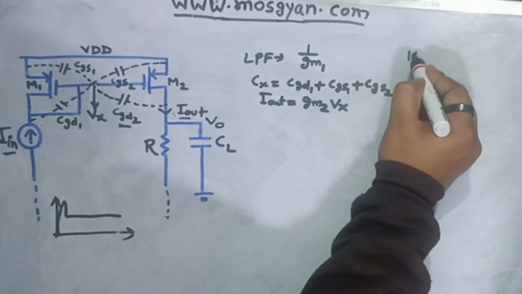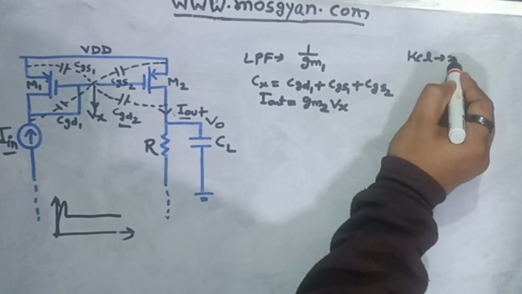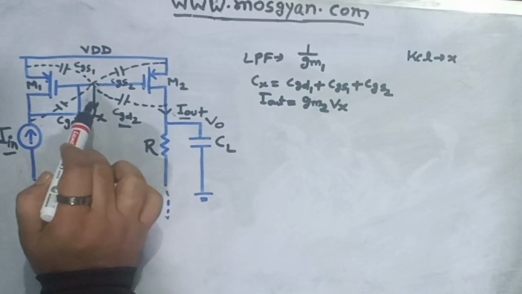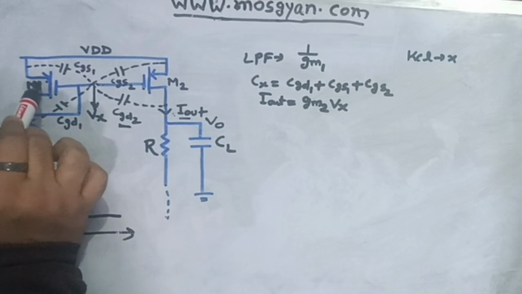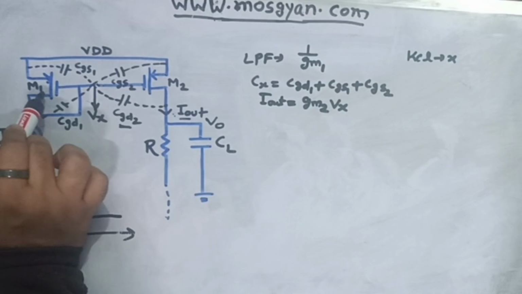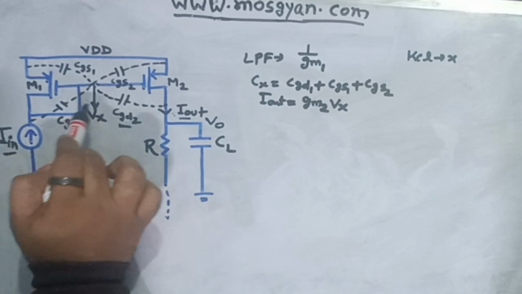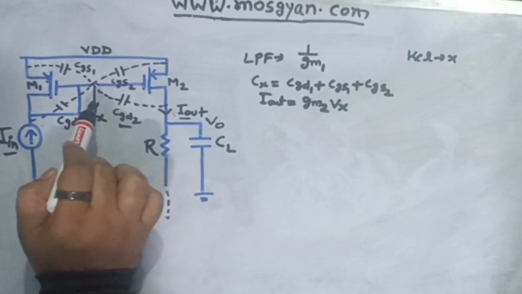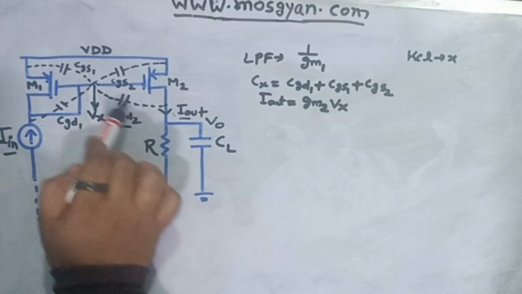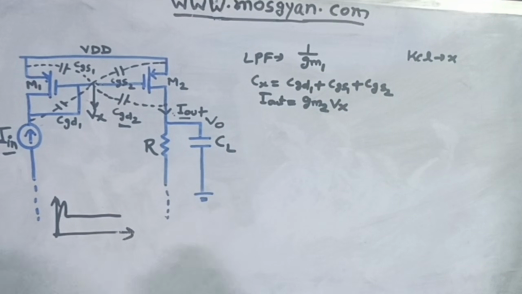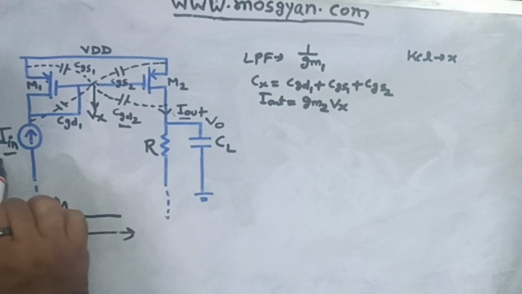If I write KCL at node X, there would be three currents which will come at node X. The first current would be going into the diode connected load. The second current would be accumulated across this total capacitance at node X. And the third current is this feed forward current which will come through the CGD2 cap. The total of all these three currents would be equal to Iinput.